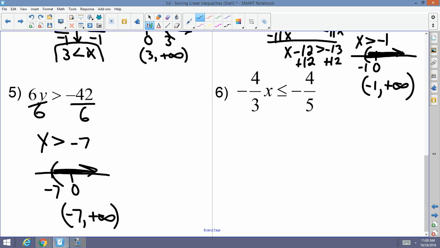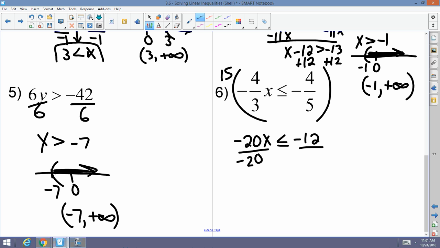Last but not least here, I'm going to multiply everything here by 15. So that's going to give me -20x is less than or equal to negative 12. You're going to go ahead and divide by a negative 20. When I divide by that negative 20, I'm going to flip that inequality sign because I divided by a negative.